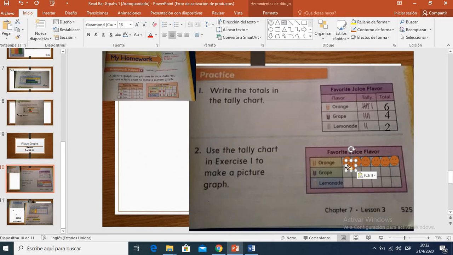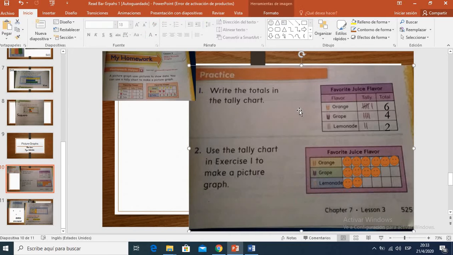Very good. You're gonna draw 4. 1, 2, 3, and 4. Very good. And how many for lemonade? 2. I'm gonna draw 2 happy faces for lemonade. 1 and 2.